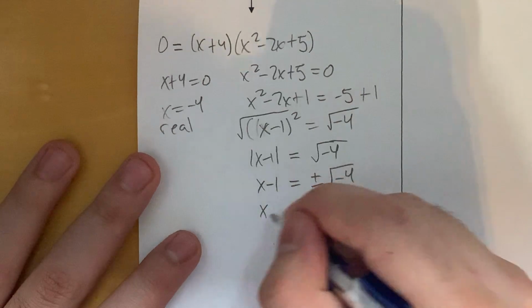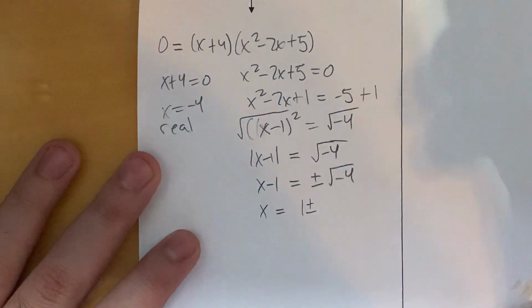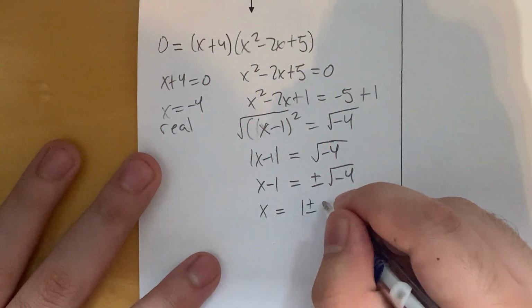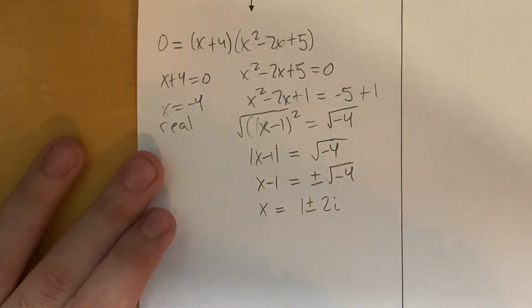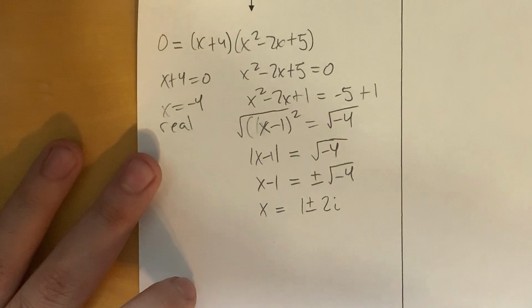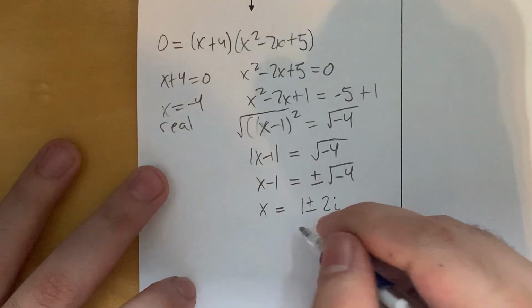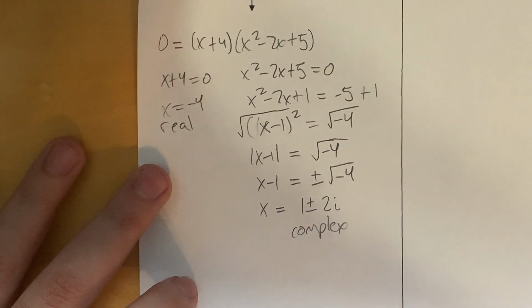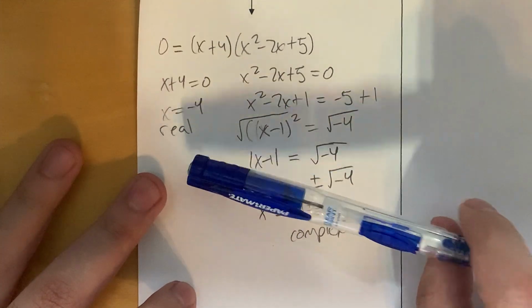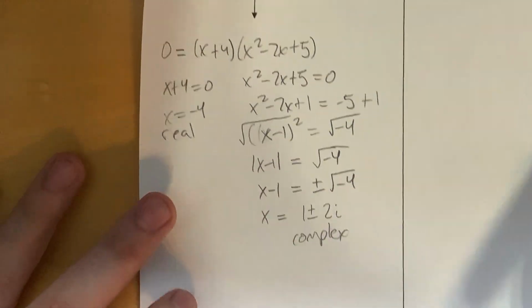And then all I have to do is add 1 to the other side. 1 plus or minus 2i. I've already evaluated that; we've done it in the last lesson. So these are complex roots. So now I have one real root and two complex roots.